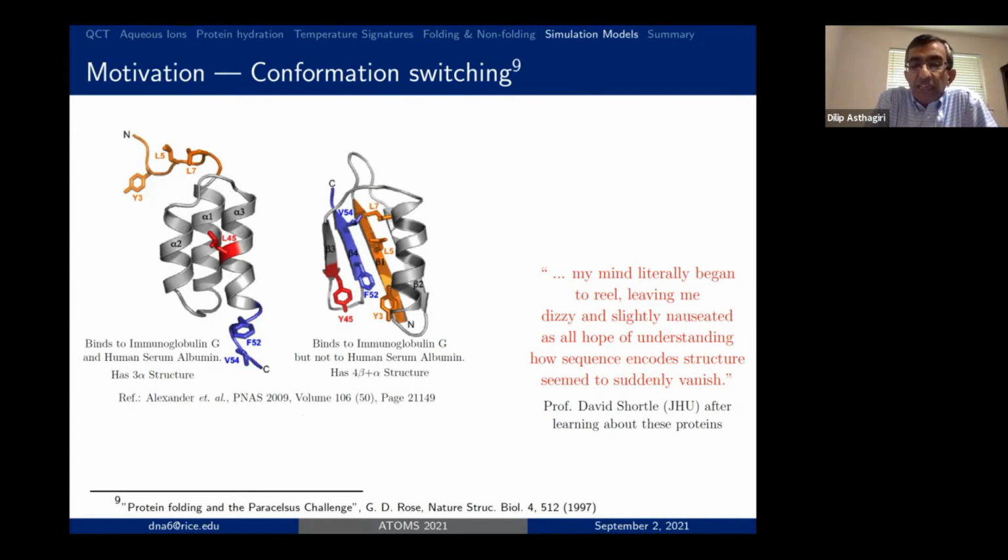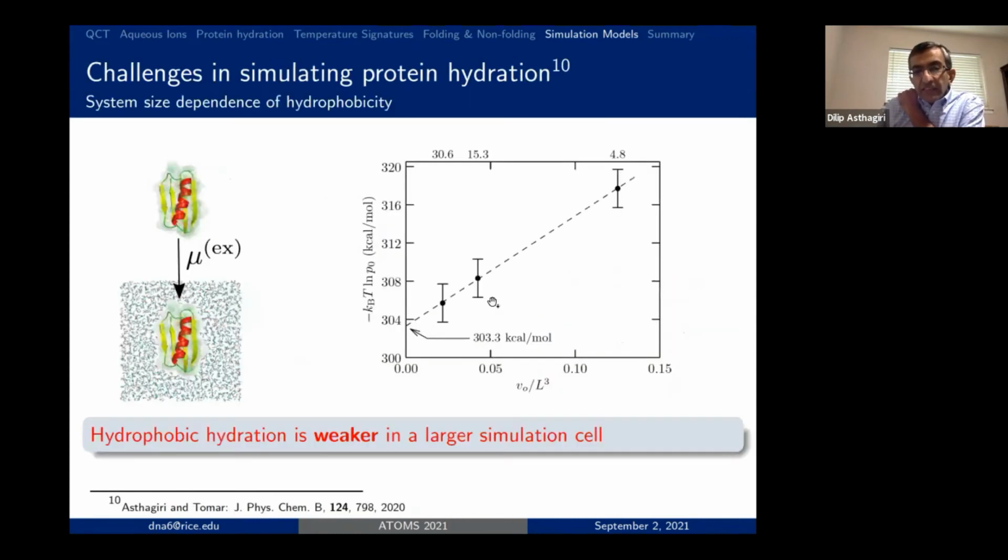It's a fairly dramatic indication of how, with just one residue mutation, you can get a conformational change of the protein. We decided to look at this structure first and see if we could model this, and we couldn't. Now we know why, and let me try to explain that in the remaining time.